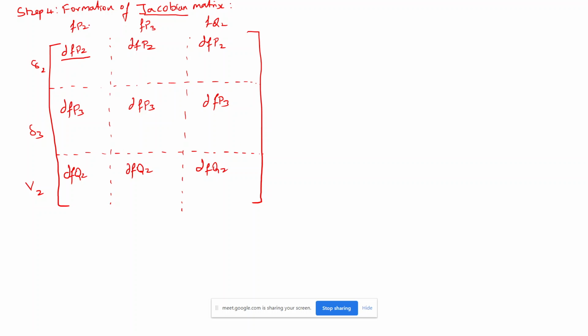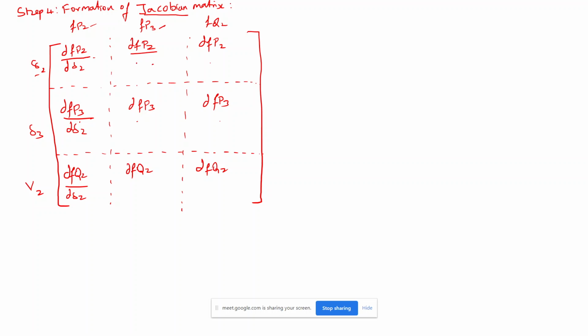What we did is we put these for each row respectively, and in the denominator we are going to use del 2. So dou del 2, here also dou del 2, here dou del 2. What will be here?